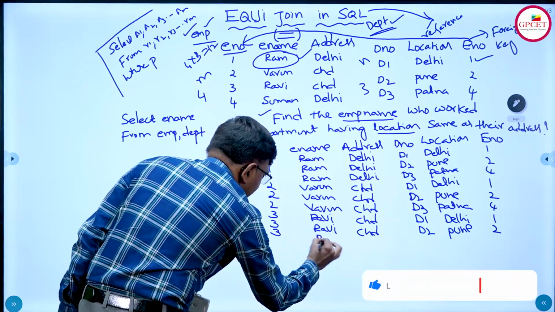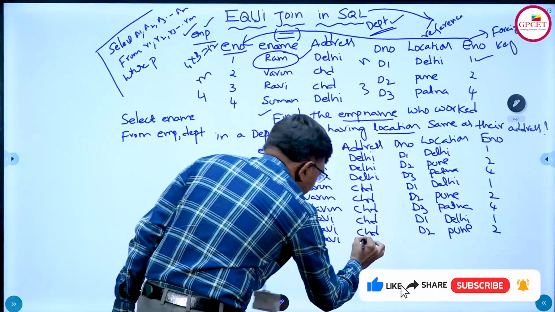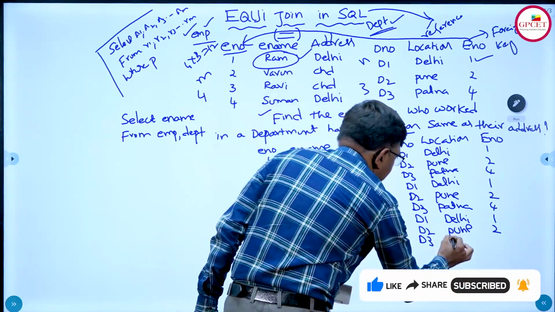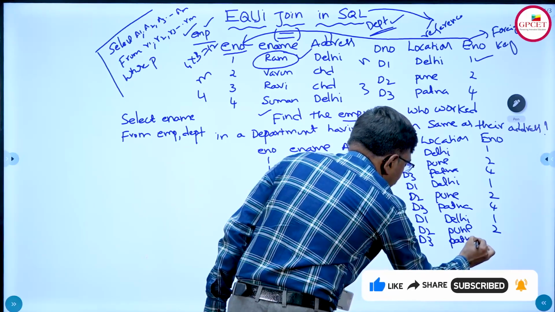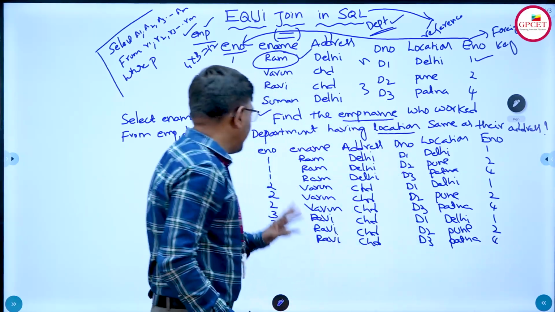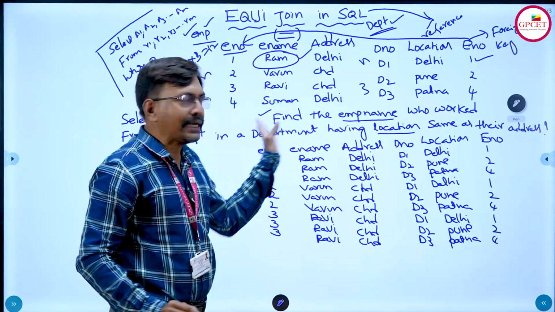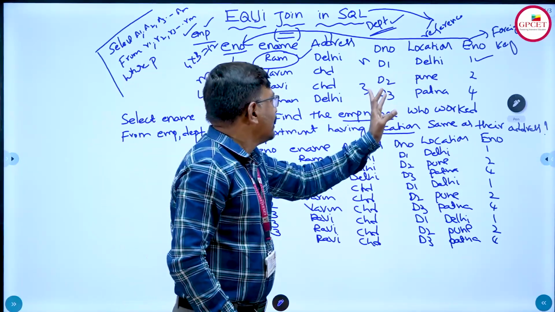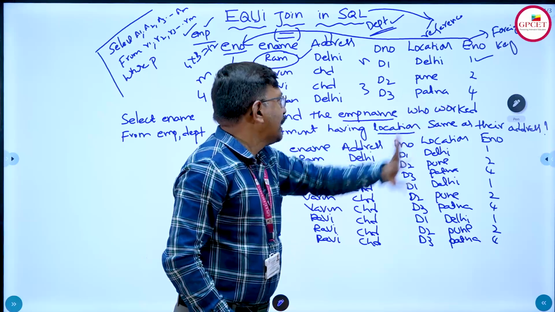Again 3 Ravi Chandigarh, D3 Patna 4. And what is here? The third row can be multiplied 3 times: 3 Ravi Chandigarh, D1 Delhi 1, D2 Pune 2, D3 Patna 4.